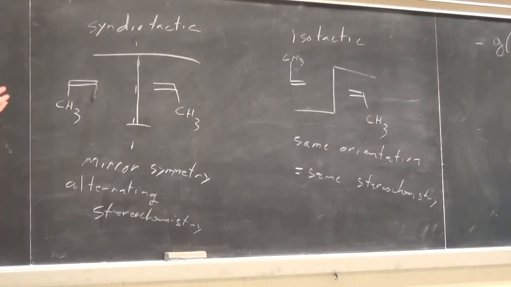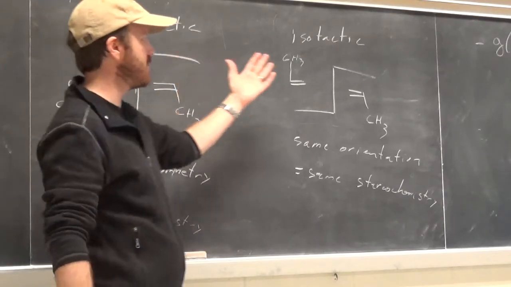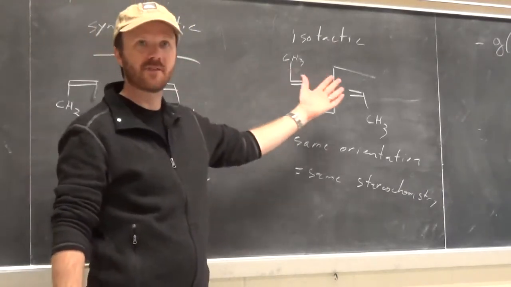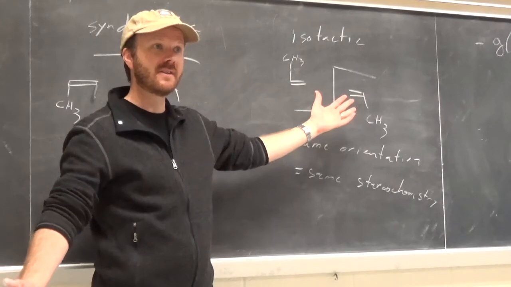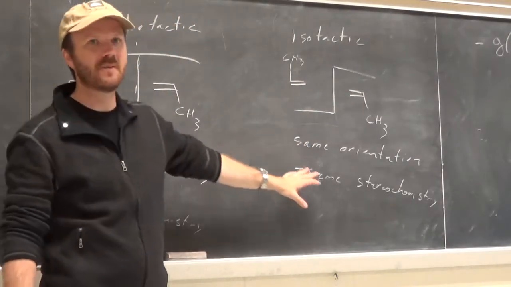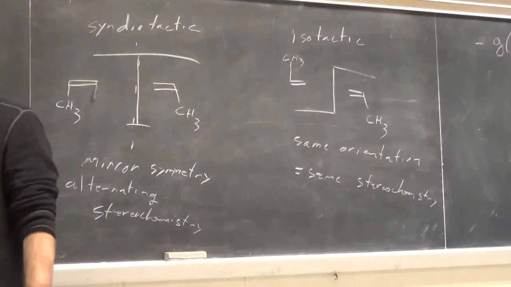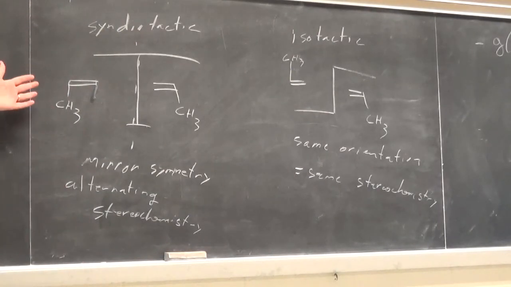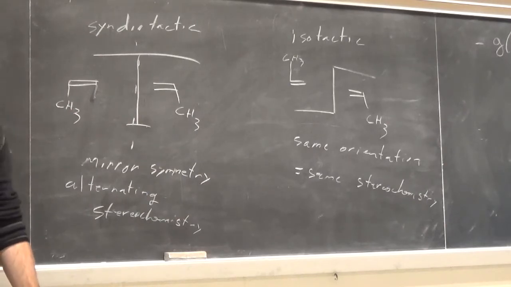But syndiotactic polypropylene, and being able to tune the stereochemistry of, say, polystyrene, isotactic and syndiotactic, is really facilitated by these metallocene catalysts. Here we get a much more regular arrangement of monomers versus Ziegler-Natta, where we just have to get the conditions just right. So the percent tacticity is not as high.